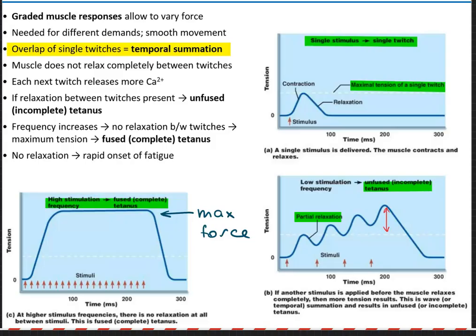The motor unit achieves its maximum force. But you can imagine that if this motor unit works at its maximum capacity over time, it gets fatigued pretty quickly.